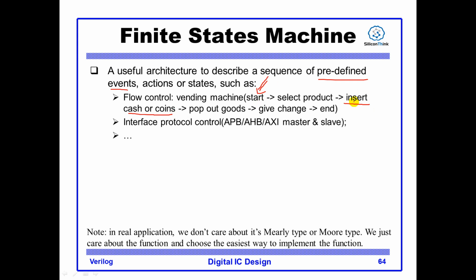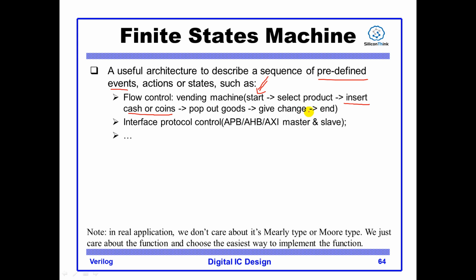In this state, the customer will insert money into the machine. After the machine detects that there is enough money for that good, its state will go to the pop out goods stage. That is, the machine will give the goods to the customer, then give change if there is any.